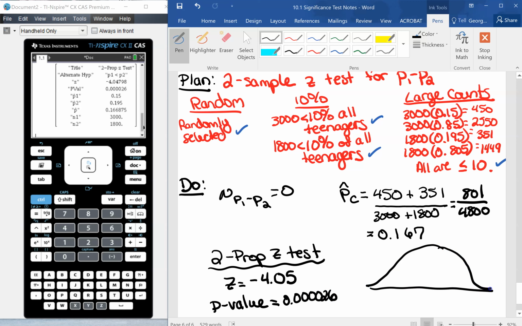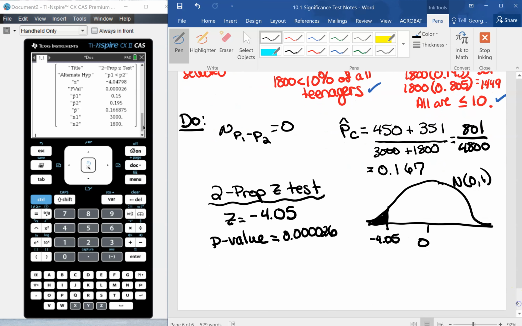Here's our picture. Here's our 0. We have negative 4.05, so that's over here. Our alternate hypothesis was less than, so we're shading to the left. Make sure you label it. And we got a p-value that is way smaller than our alpha. So we can reject this null hypothesis.